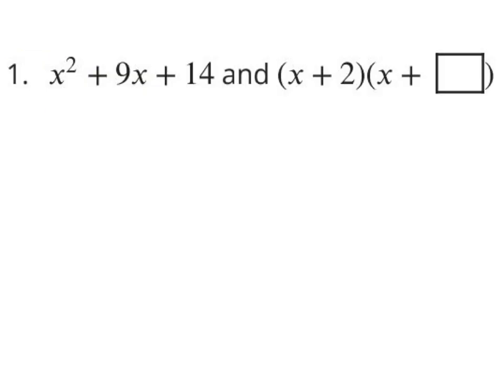Okay, our first one, x squared plus 9x plus 14. So what goes in the boxes? In order to solve this problem, we first list all the factors of 14. We start with 1 and 14, then 2 times 7. 3 doesn't go into 14 evenly.